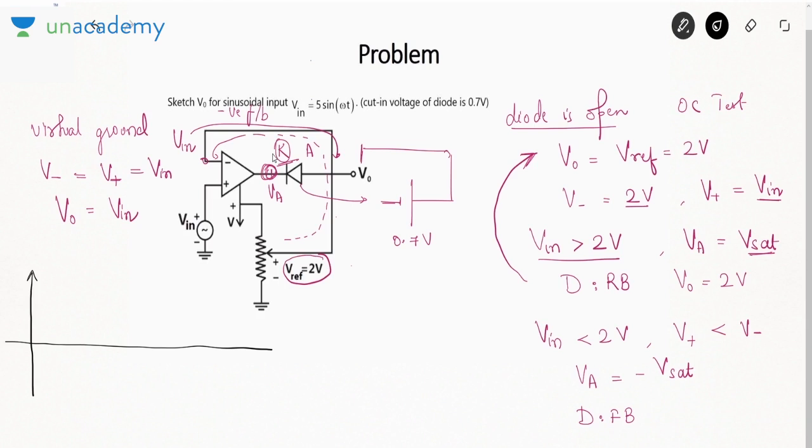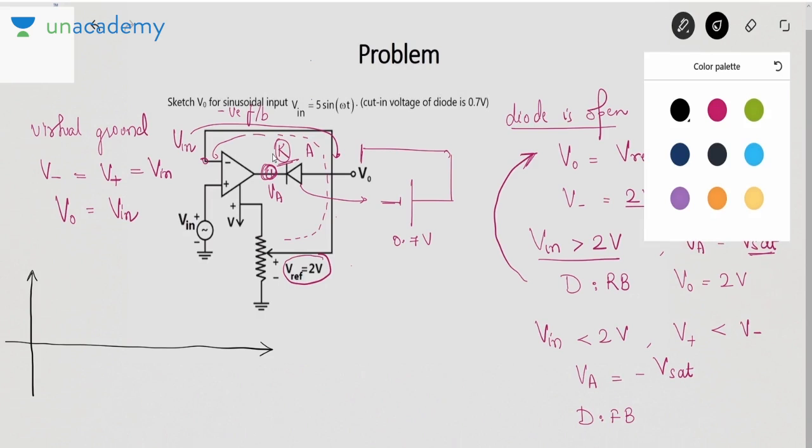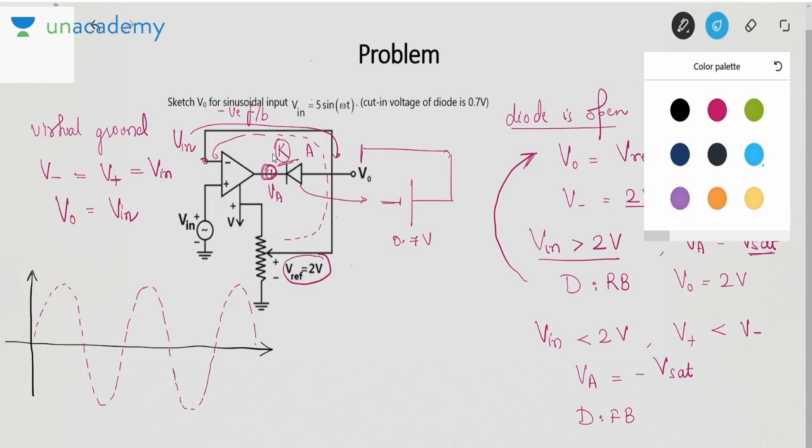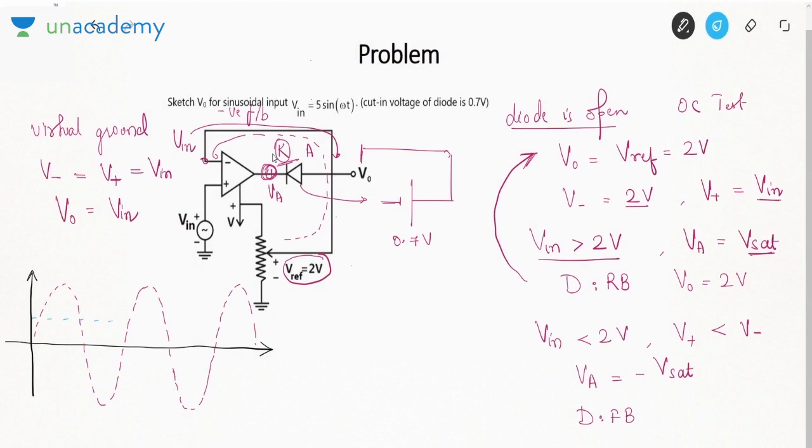So let me show you how to draw the output. So suppose Vin is a sinusoidal wave of 5 volt amplitude. Okay. Now I will draw a line of 2 volt, that is the reference voltage. So what we are saying, if Vin is less than 2 volt, then V naught is Vin.